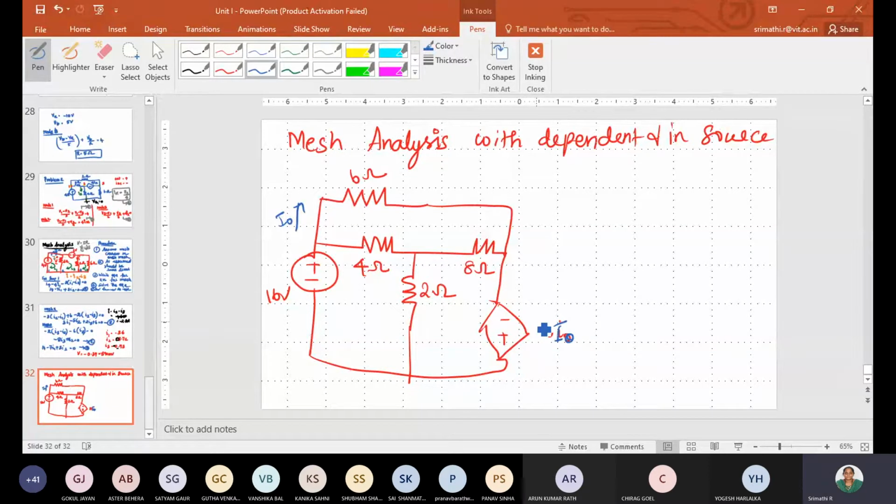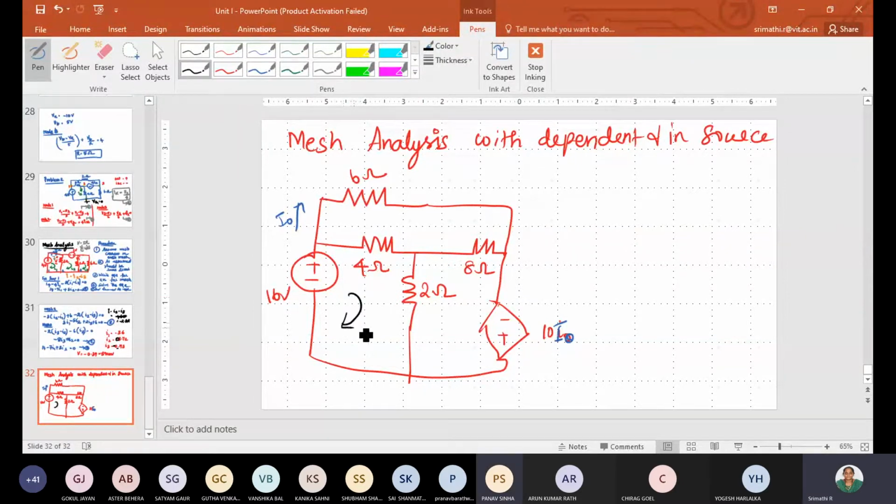Mesh analysis, find the mesh currents. Shall we go ahead? How many meshes are there here? 3.